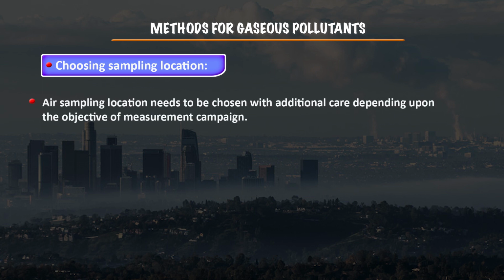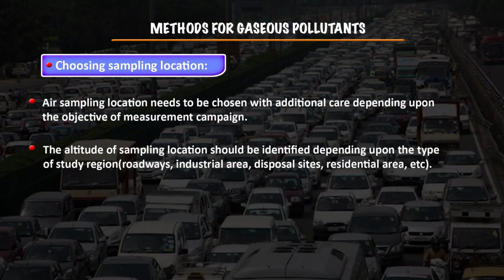The air sampling location needs to be chosen with additional care depending upon the objective of the measurement campaign, and the altitude of the sampling location should be identified depending upon the type of study region, whether we are studying roadways, an industrial area or disposal sites, or carrying out the study in a residential area. Depending upon that, we have to check which method is available.